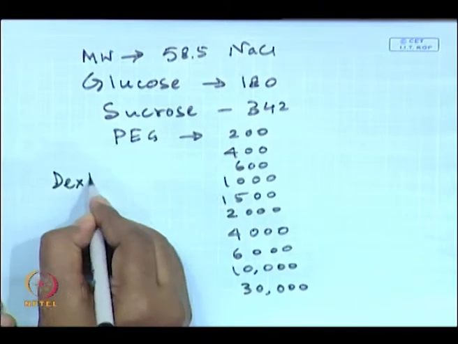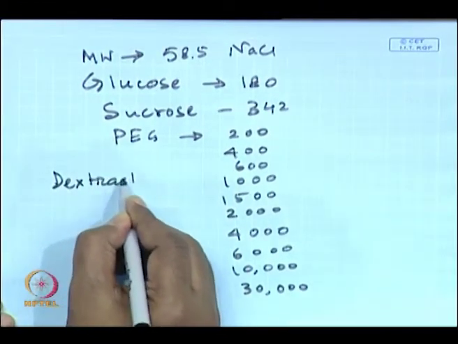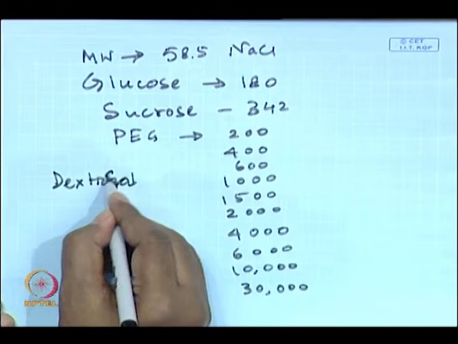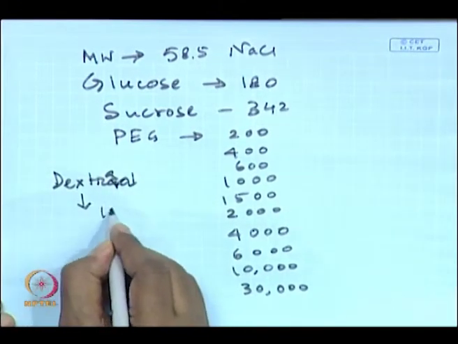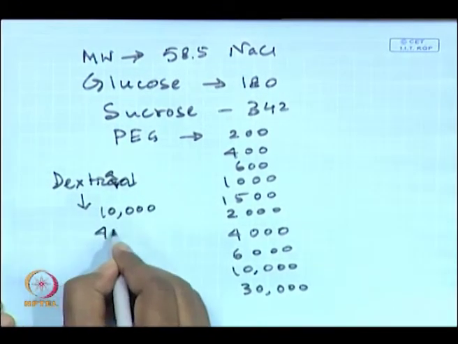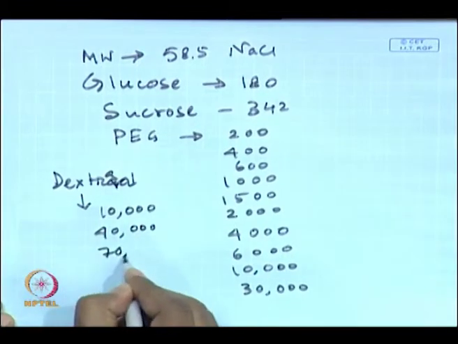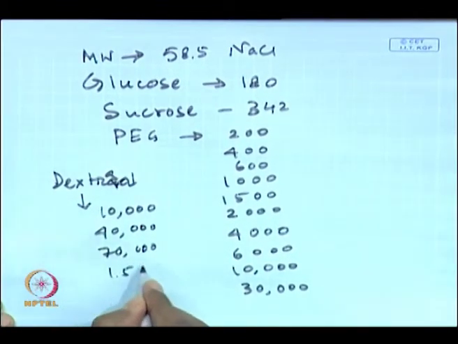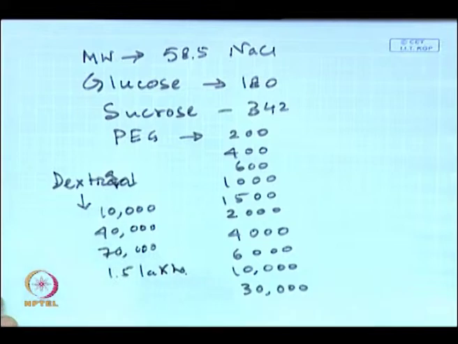Dextran is again a polysaccharide, with different molecular weights, let us say 10,000, 40,000, 70,000, 1.5 lakhs. Generally, these molecular weight cutoff curves are generated by using neutral solutes.